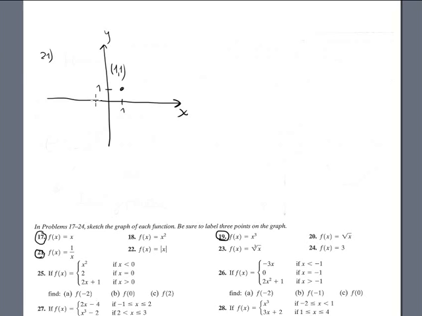And another is (-1, -1), because the reciprocal of negative 1 is negative 1. But it looks like that.